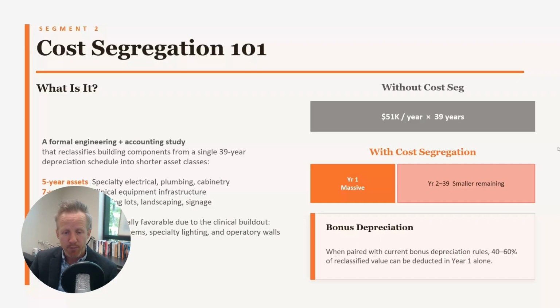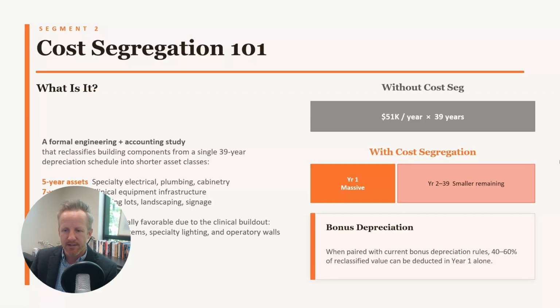And then again, when you pair up the 5-year, 7-year, and 15-year categories, let's say that wiring or that cabinetry, with the bonus depreciation, you can essentially move a good chunk of it into 1 year. So essentially, there is a 1-year asset class. It's the 5, 7, and 15 when you elect a bonus depreciation to take it all in the first year. And that is a very legal pathway to do that.